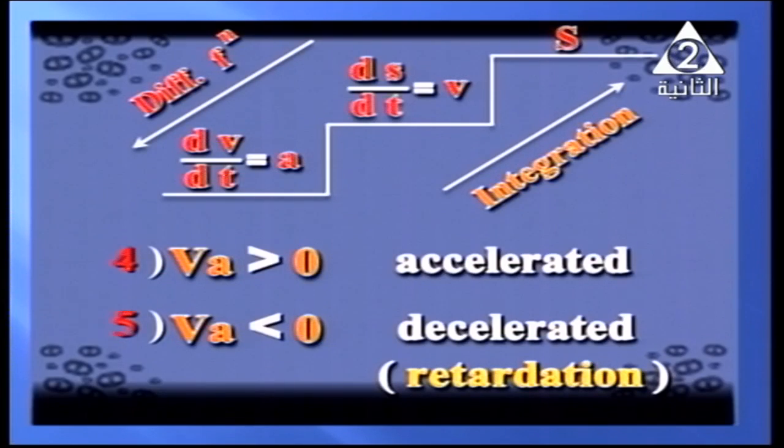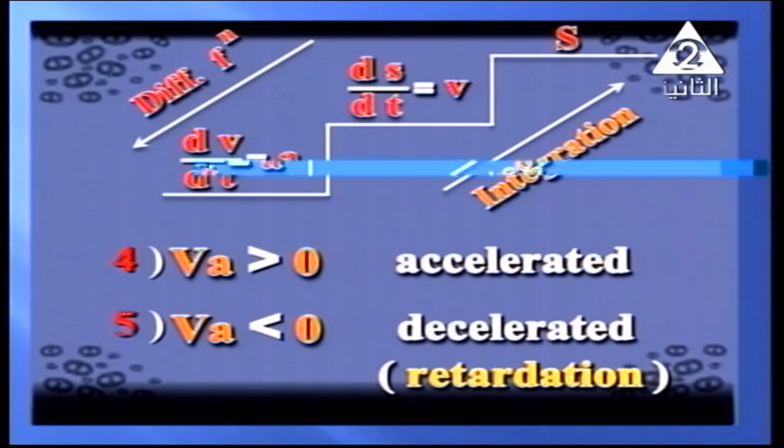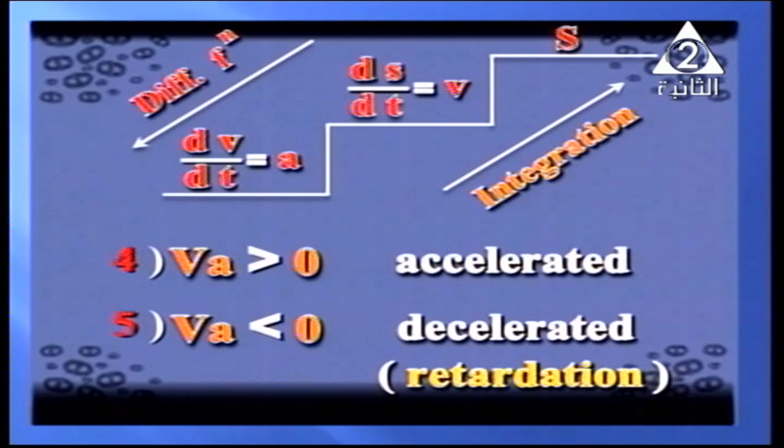But to prove the motion is decelerated or retardation, one of V or A must be negative. Why? Because when we multiply V times A, the result must be smaller than 0, and this is decelerated or retardation motion.